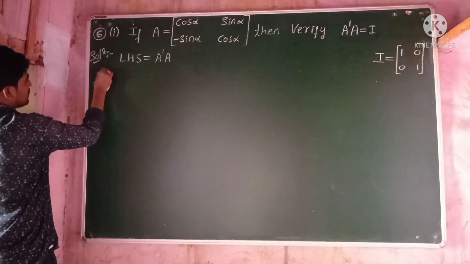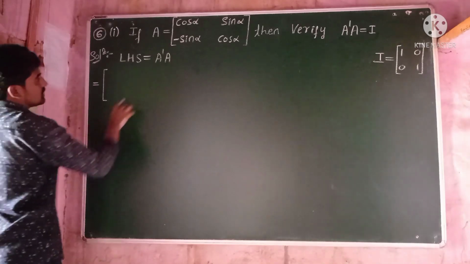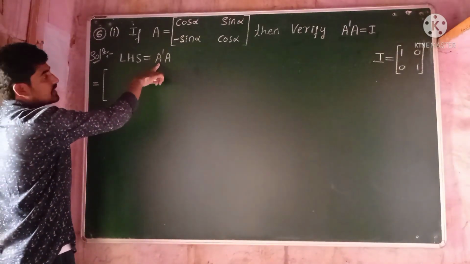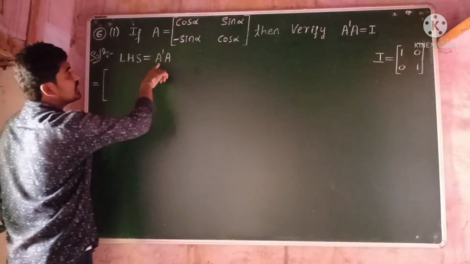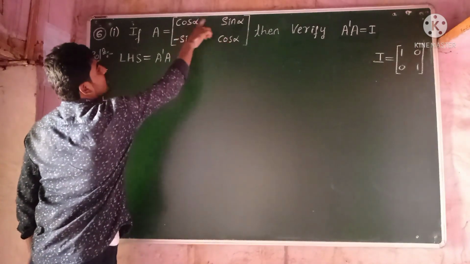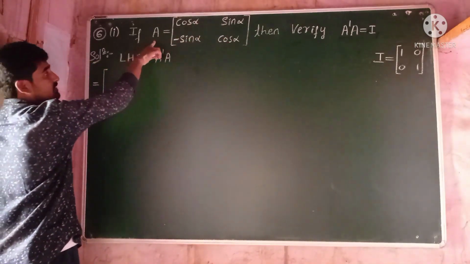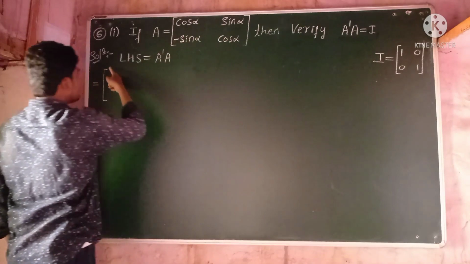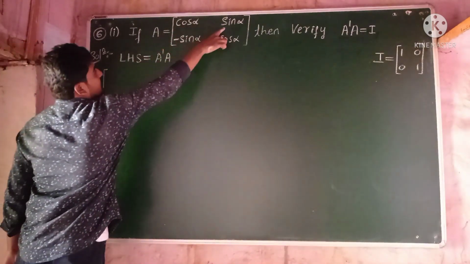which is equal to, the transpose of the matrix A is obtained by interchanging rows and columns of the matrix A. Hence, the first row becomes the first column: cos alpha, sin alpha.